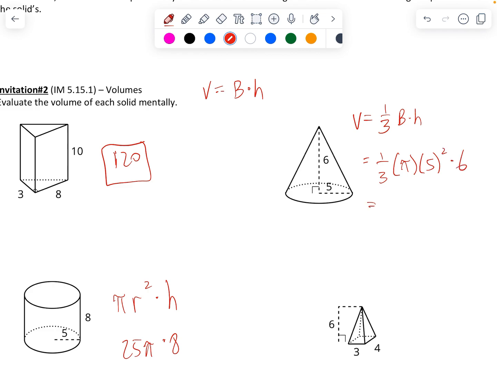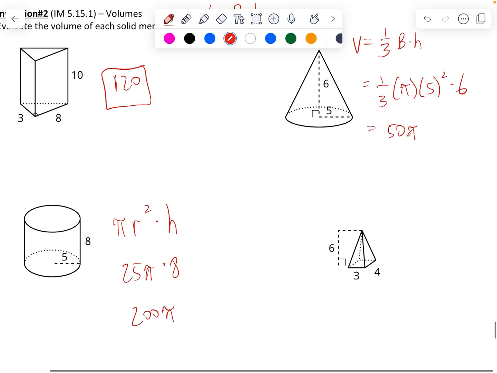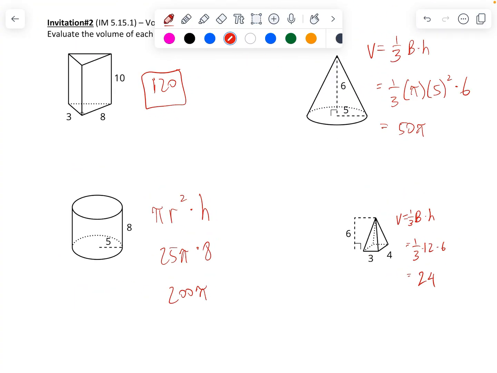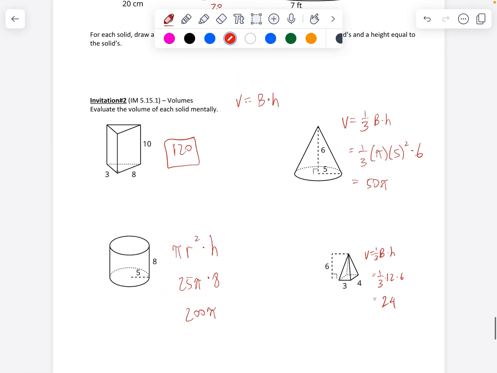So that's going to be 50 pi altogether. And then the last one, same thing, volume is area of base times height divided by 3. So it's 1/3 times 12 times 6. So that's going to be 24 units. All right, and now let's move on to the notes for the day.